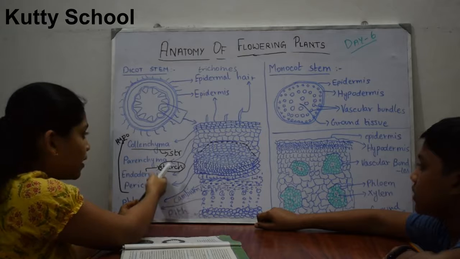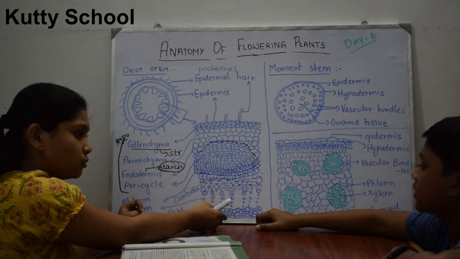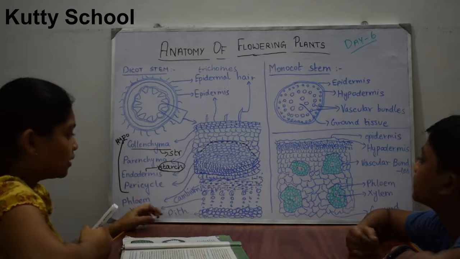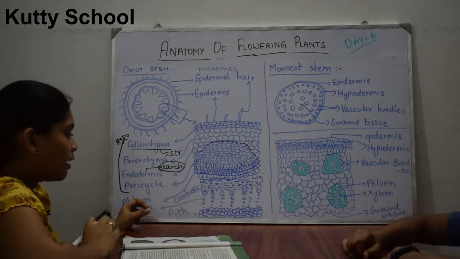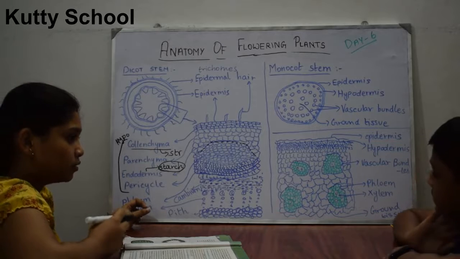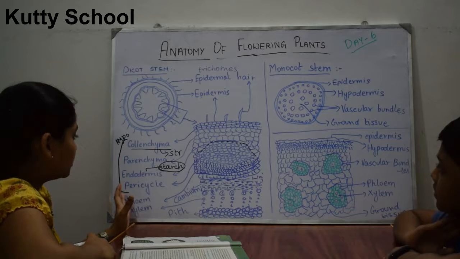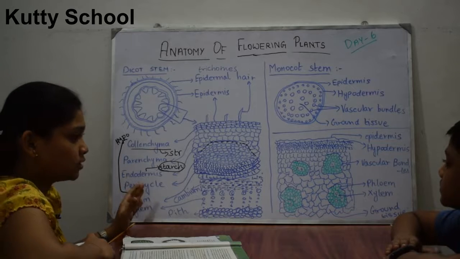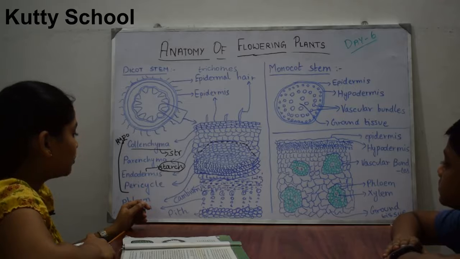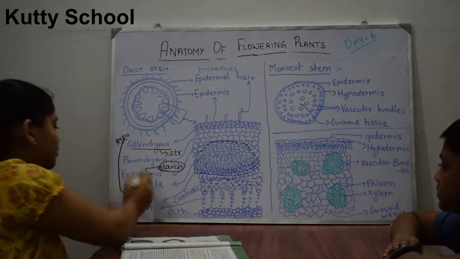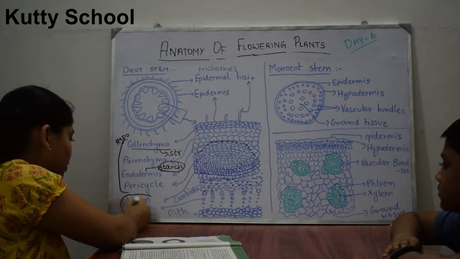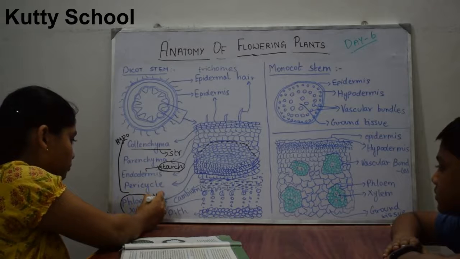Like collenchyma and parenchyma, it is also a tissue. It is at the center, and it will have gaps like little holes. So this is the structure of the dicot stem. Vascular bundles are generally phloem and xylem.